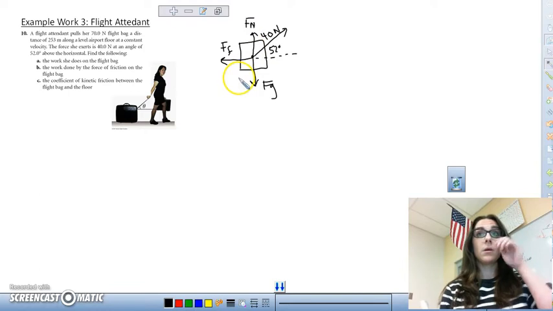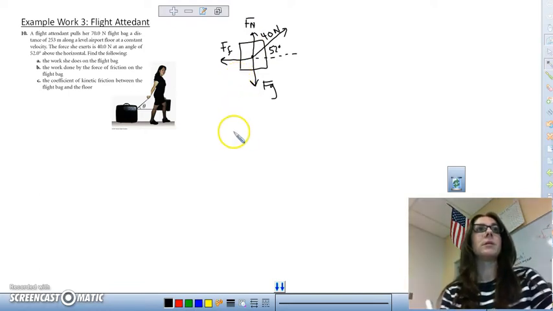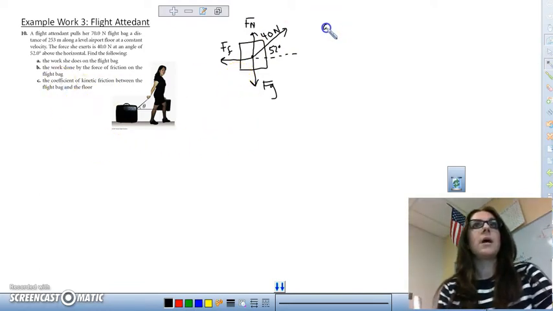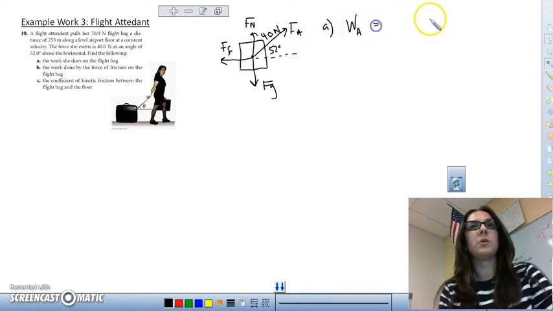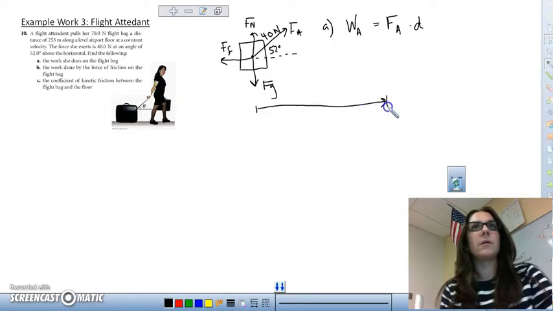Okay, so part A says work done by her. Work done by the applied force is the force applied times the distance. This thing is going to be moving a distance of 253 meters.